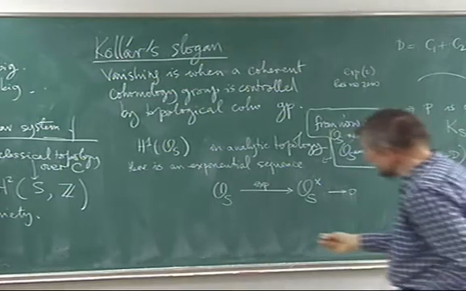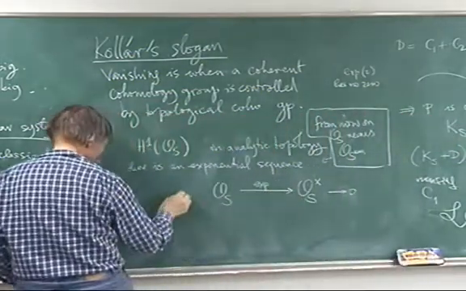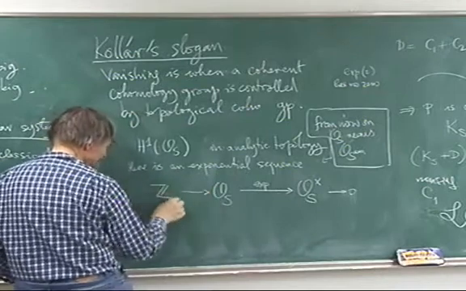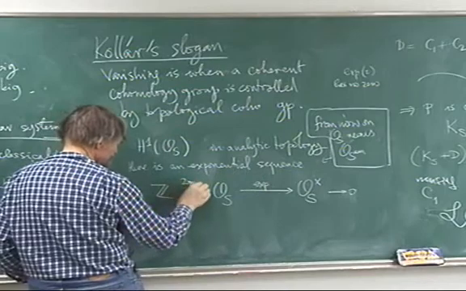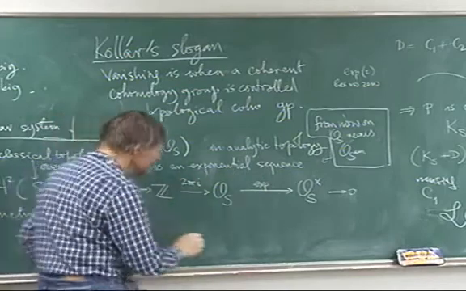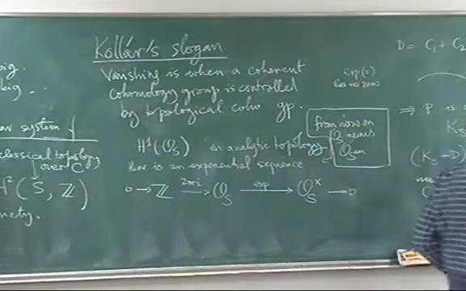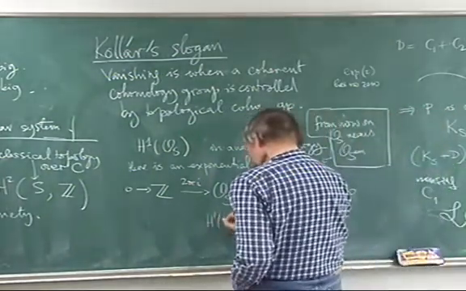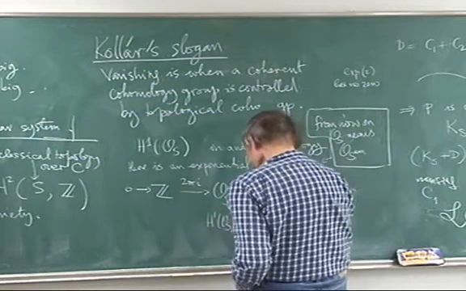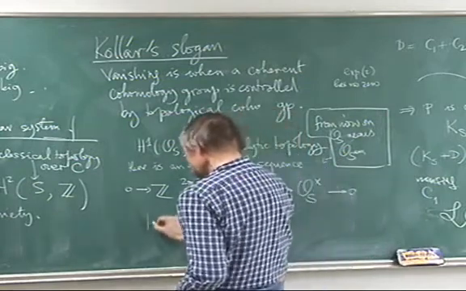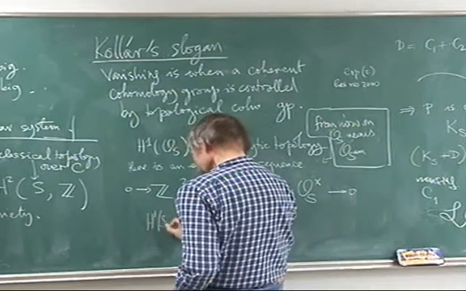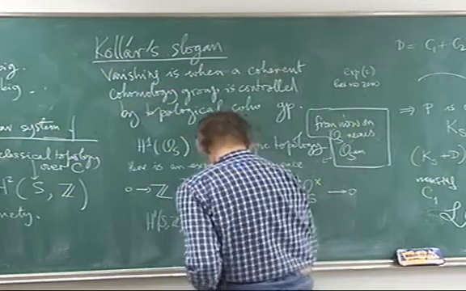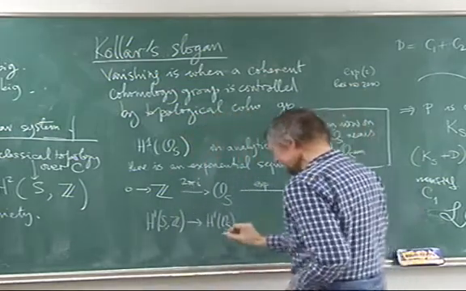And what's the kernel? The kernel is the set of functions whose exponential is the identity, and that is Z mapped in by multiplication by 2 pi i. So if I do H1 OS here, it receives H1 of S with coefficients in Z. In fact, this is injective.